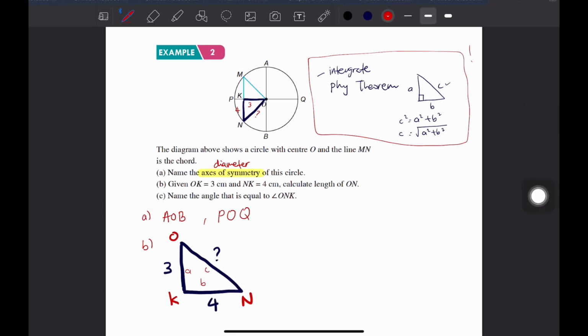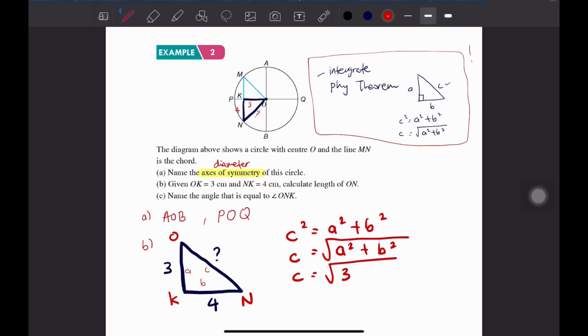So we can write it as C square is equal to A square plus B square. So C is equal to the square root of A square plus B square. So C is the square root of 3 square plus 4 square. 3 square is 9, 4 square is 16.